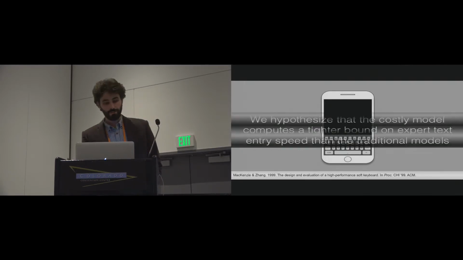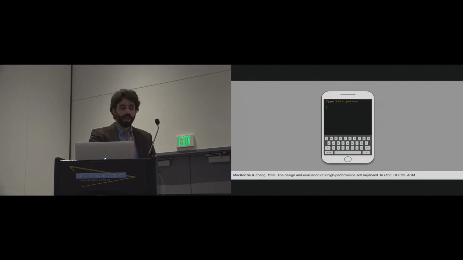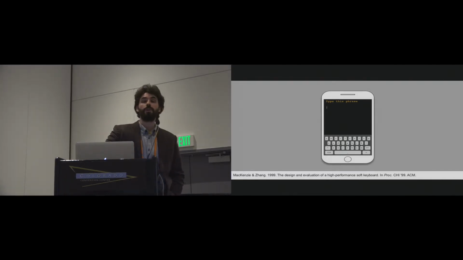So what we did here is we ran a text entry study on a standard Android mini QWERTY keyboard, and we used the standard MacKenzie dataset that you heard about in the previous talk. And we asked participants to simply transcribe the phrases that they are able to see on their phones.